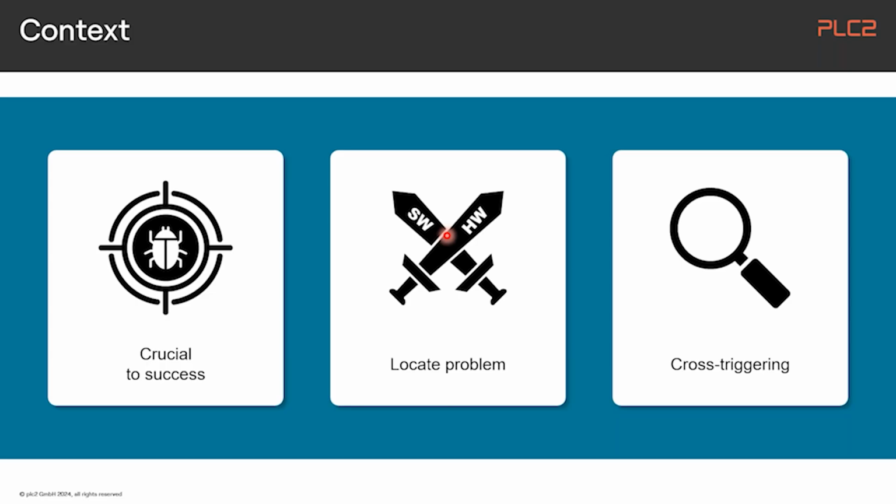So actually, we need tools in heterogeneous platform designs where we have hardware, programmable hardware, analysis, and software analysis tools. And cross-triggering techniques offer this mechanism to help identify the origin.